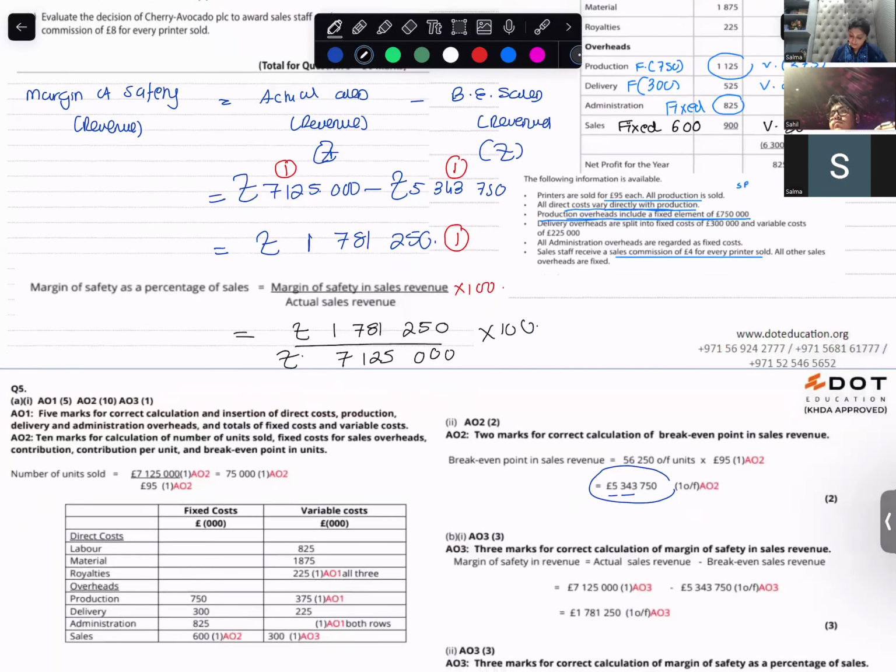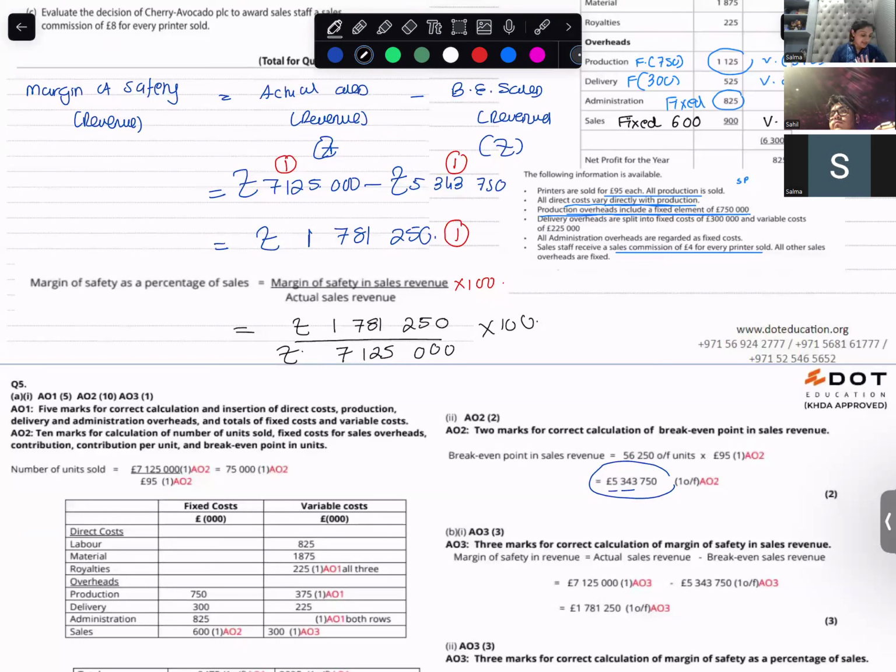So you get margin of safety as a percentage of sales. It is how much? 25%. Are you with me? Okay, fine. Let's go ahead.